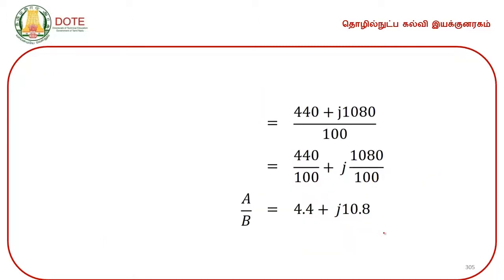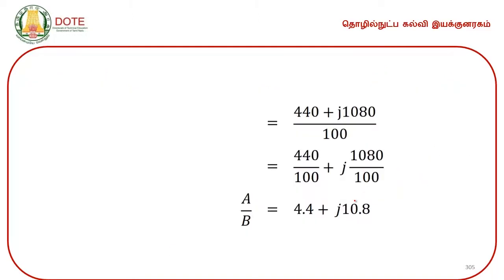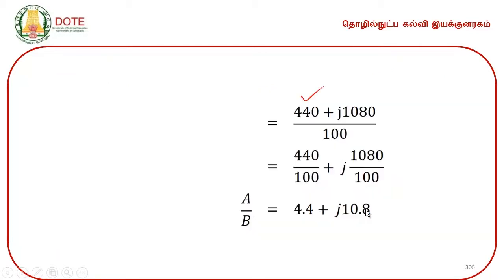I have segregated all the real numbers, 800 minus 360 is 440. Similarly, j 600 plus j 480, you will have j 1080. Similarly, in the denominator also you segregate both real and imaginary parts, and then you perform the operation. So, this is the real part, which is 4.4, this is the imaginary part.